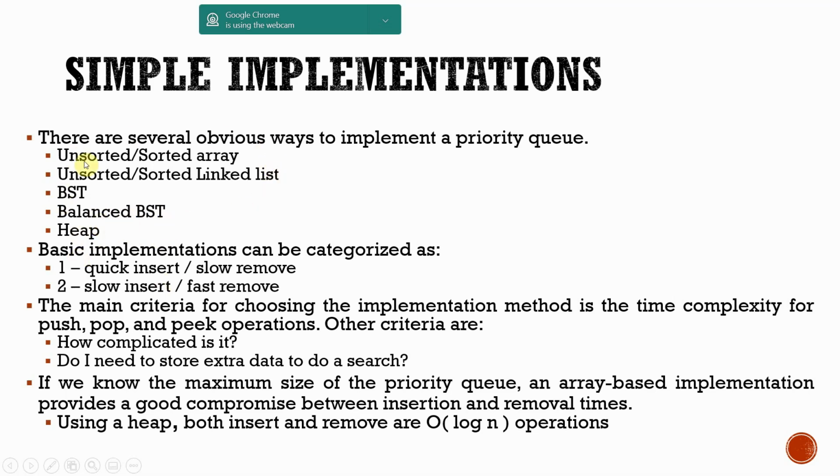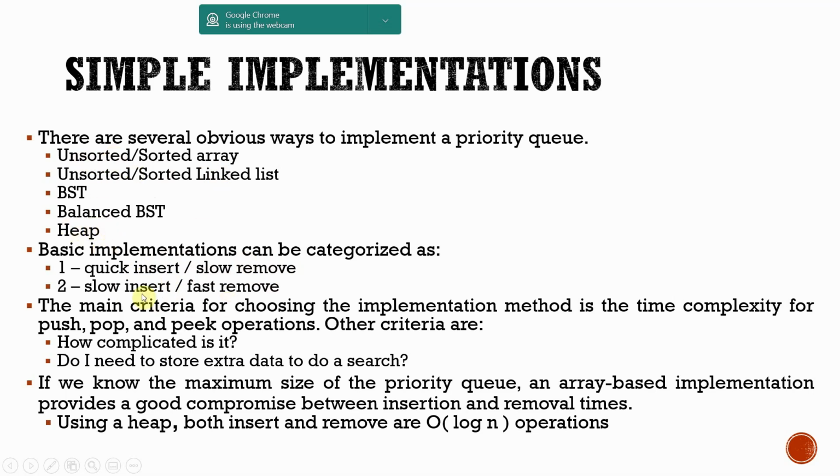All of these have certain time complexity for insertion and removal, right? For example, if you have an unsorted array or a sorted array, your insertion or removal might get faster or slower from one implementation to another.